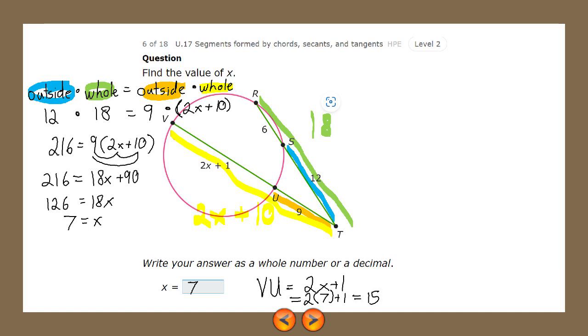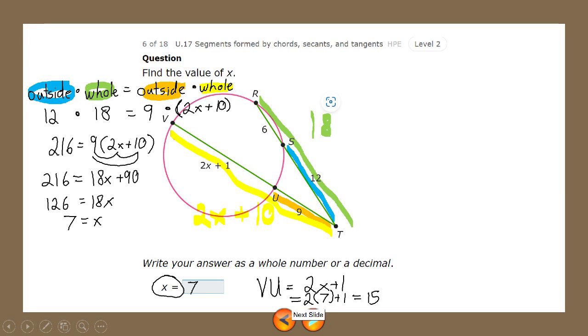Watch out for those tricks. Always make sure that you're answering the question that was asked. We were asked for x. But they could ask you for VU, they could ask you for VT. Let's take a look at another question like that.